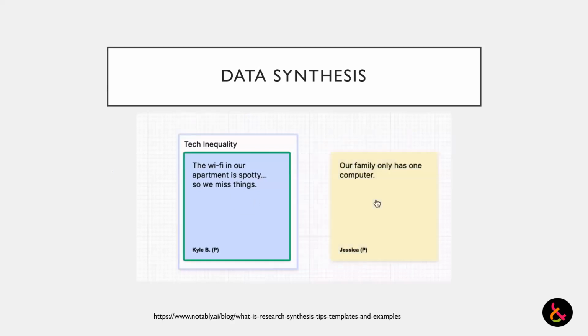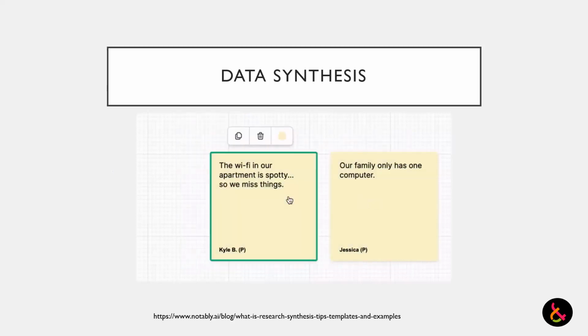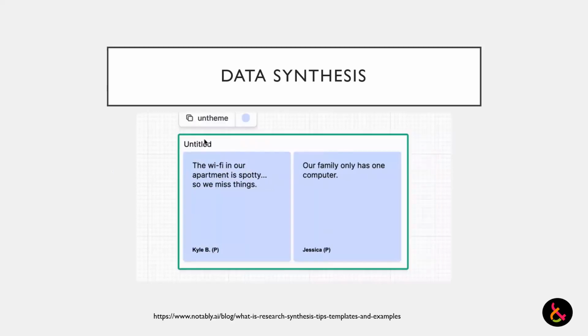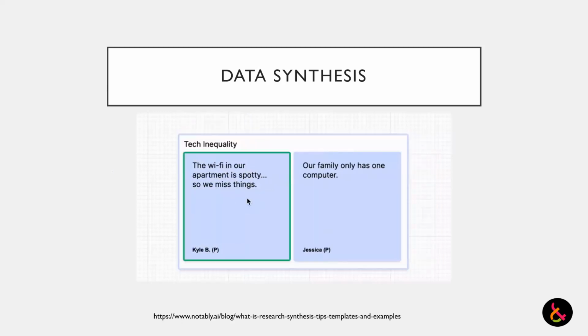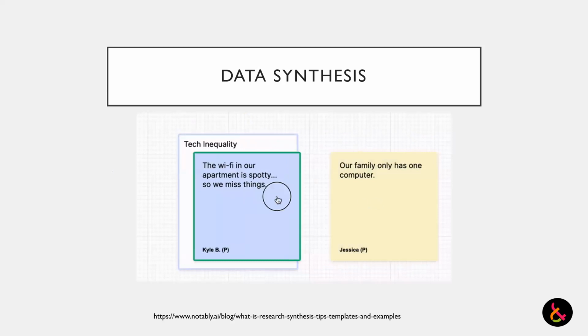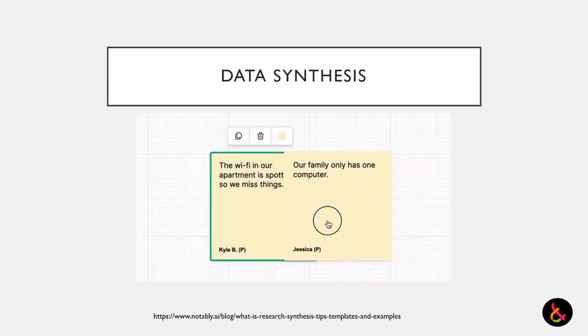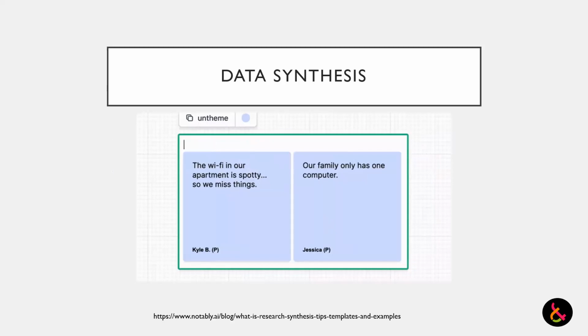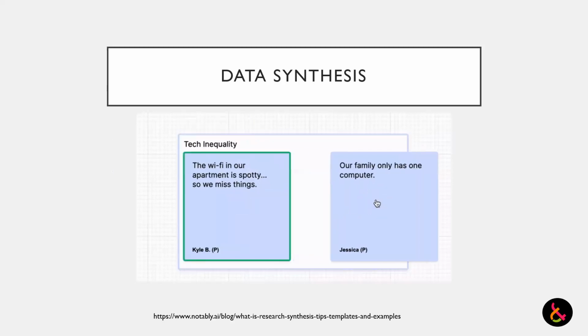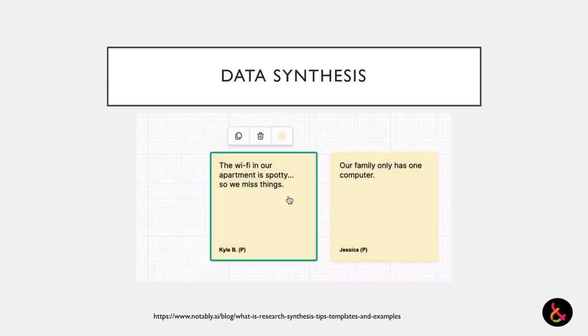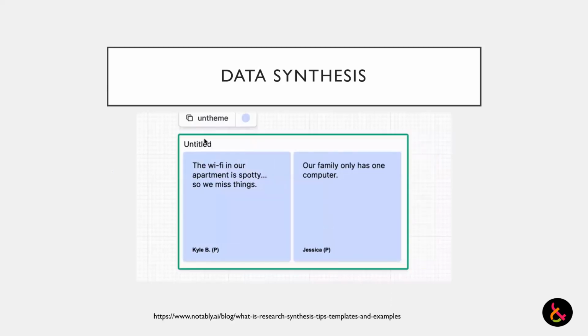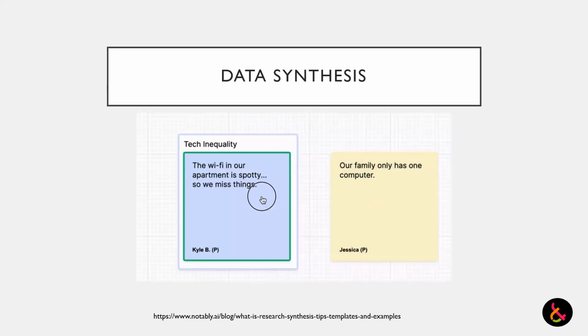Okay, so now I just got this nice example of data synthesis. As you can see, this picture is actually in GIF format. On the left and right, Kylie's paper and Jessica's paper have come up with two different outputs.